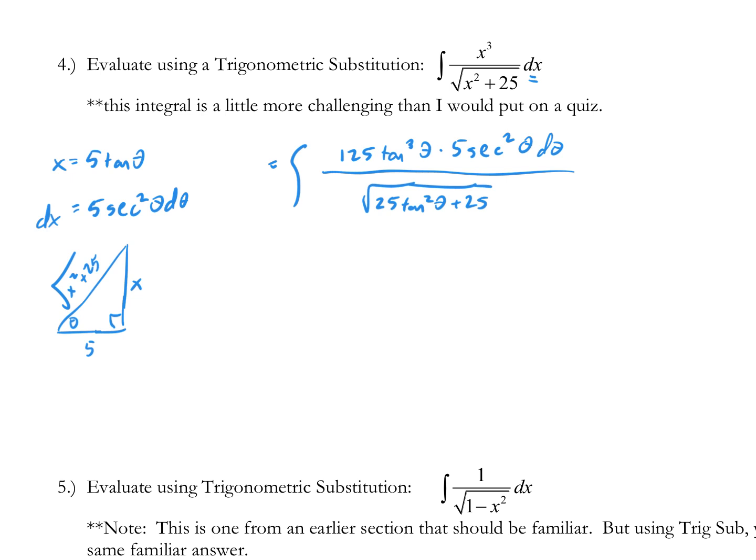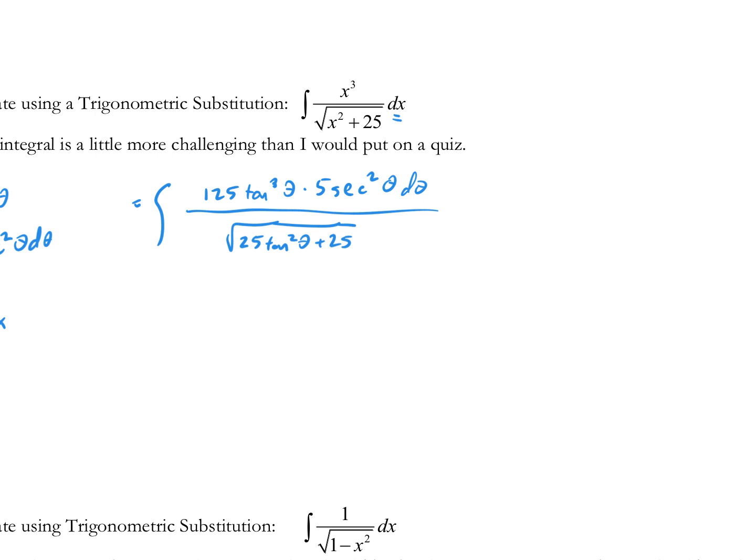Now we move on to simplifying. I'm not going to write this step out, but I'll mention it specifically. Down in the denominator, we have the 25 common to both. If I factor that out, it leaves behind tangent squared theta plus 1, which is the purpose of this trig substitution, secant squared theta, allowing us to take this square root.